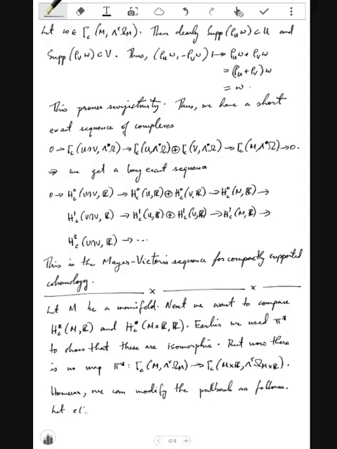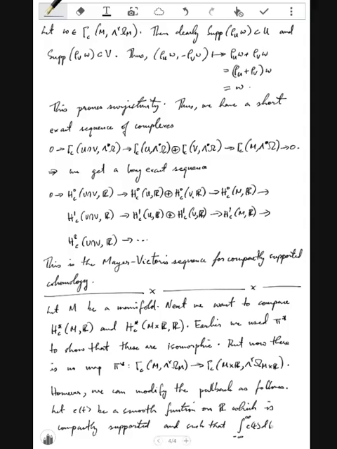Let E of t be a smooth function on R which is compactly supported, and such that the integral from minus infinity to infinity of E of t dt is 1.